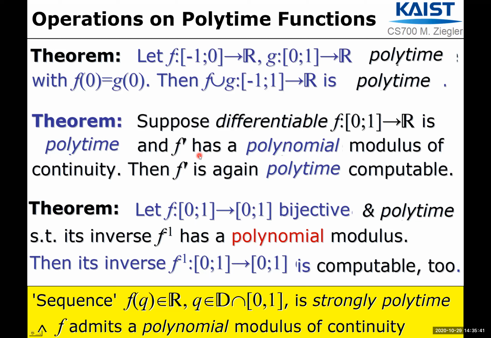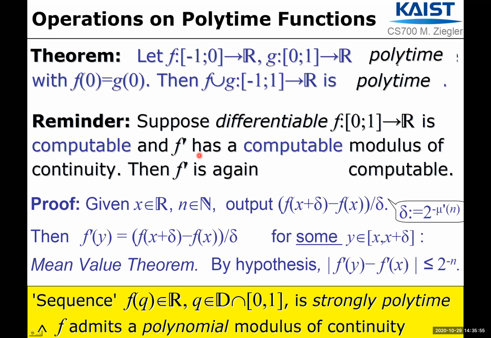Our second example operator is the differentiation operator. And as you have recalled, we already know that if the derivative of the computable function has a computable modulus of continuity, then the derivative is again computable. That was a necessary and, interestingly, sufficient condition.